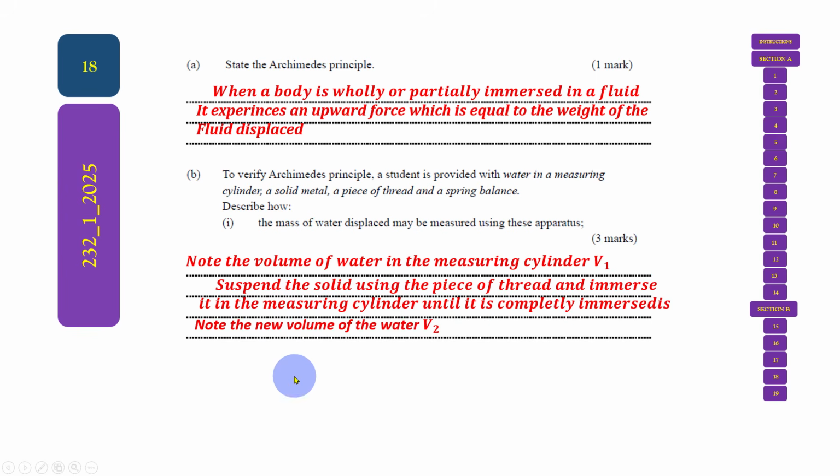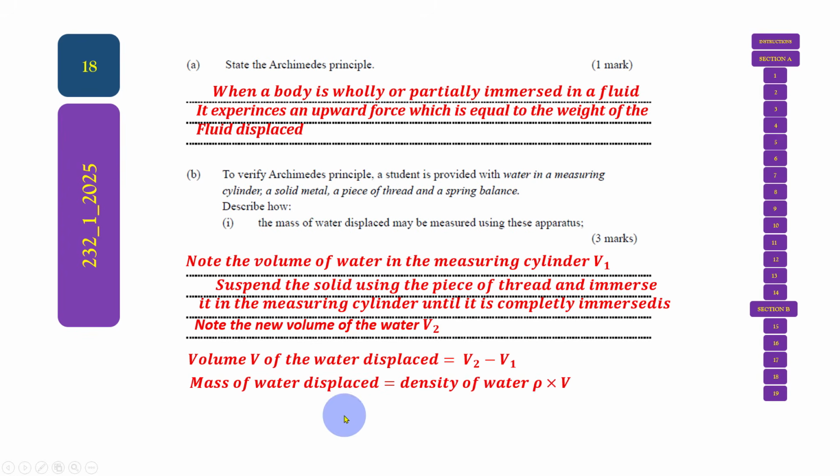When that happens, you note the new volume of water, call it V2. The volume of water displaced will be V2 minus V1, and then the mass of water is calculated by multiplying the density of water by the volume of the water displaced. So this is how we can determine the mass of water displaced.